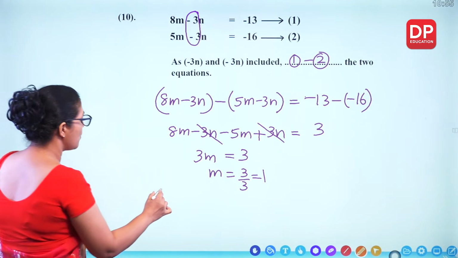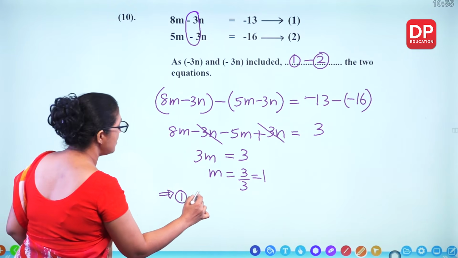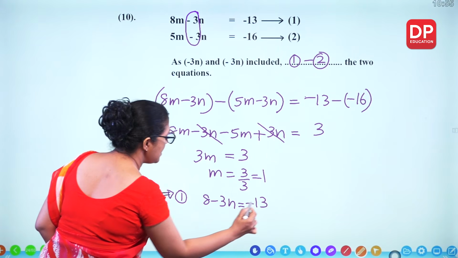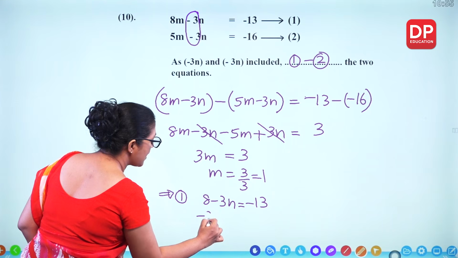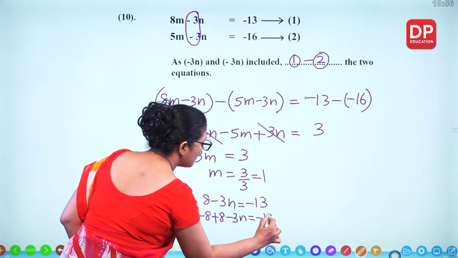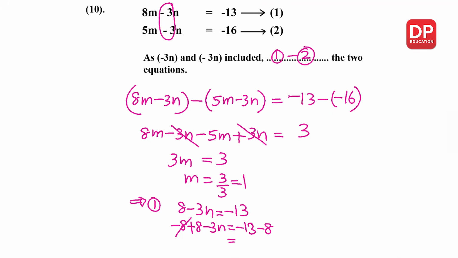Now take one of the equations. I'll take the first one. Substitute m equals 1. 8 minus 3n equals minus 13. Now subtract 8 from both sides. You get minus 3n equals minus 21. Divide this by minus 3.